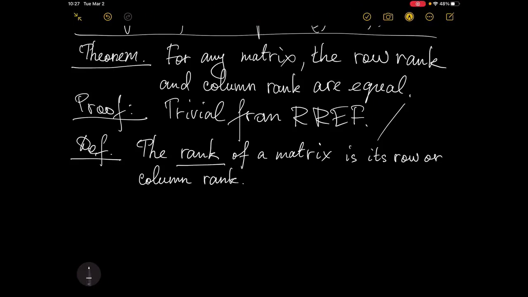So essentially, now we don't need to distinguish between row rank and column rank, right? We can just say rank. Clear or not?